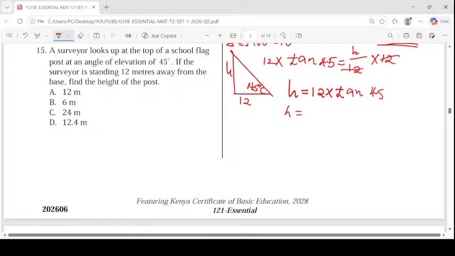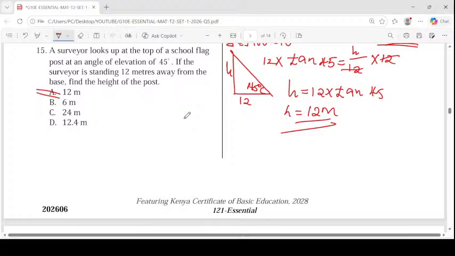When you take 12 times tan 45, you exactly get 12. So the value of our height is 12 meters, which is A for apple.